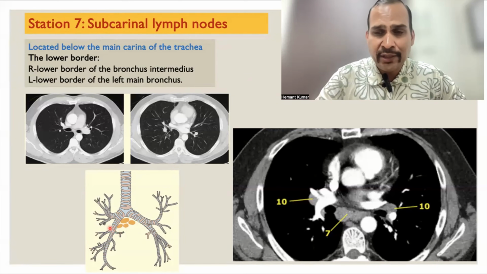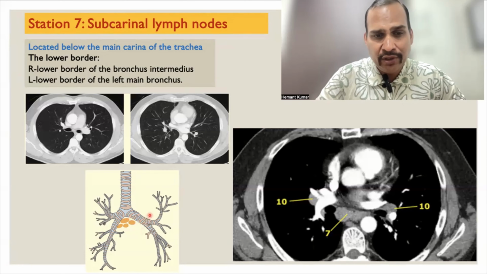So what is the bronchus intermedius? It is the common opening for the middle lobe and lower lobe. So this is the bronchus intermedius. The lower border of the bronchus intermedius, from the carina to this, is station 7. On the left side it extends from the carina to the lower border of the left main bronchus.